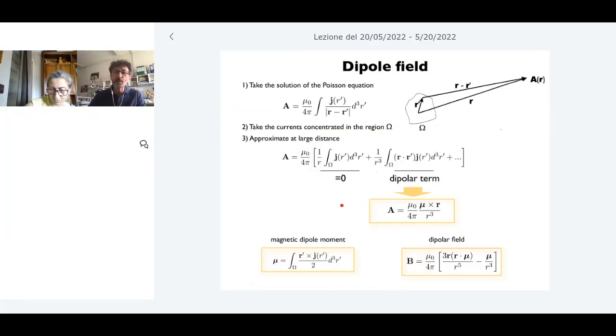And what can we do next? We can do something that, in a sense, was missing in the previous lecture. It's quite common that these distributions of currents are concentrated in a certain region of space, and we want to observe a field very far from that region. So the question is the following.